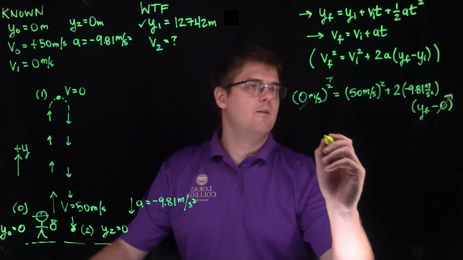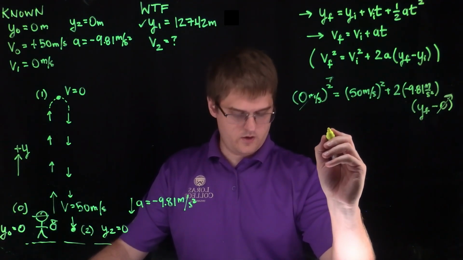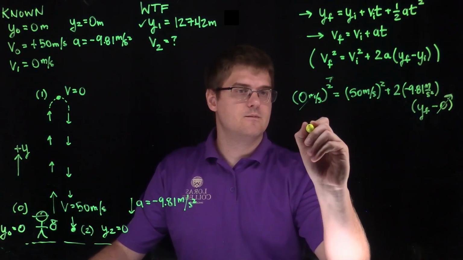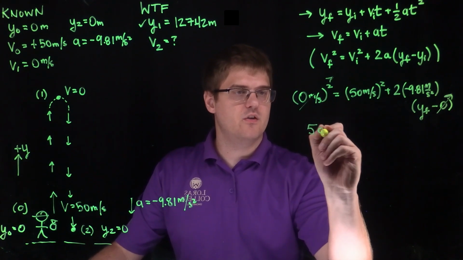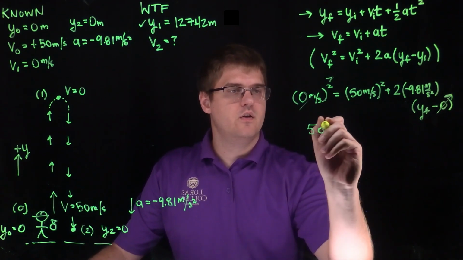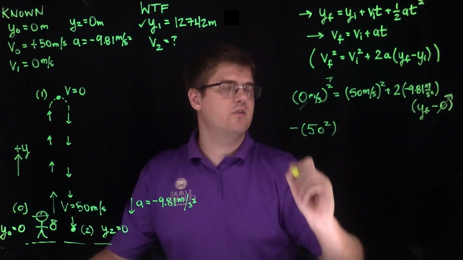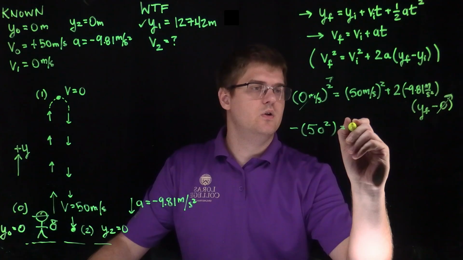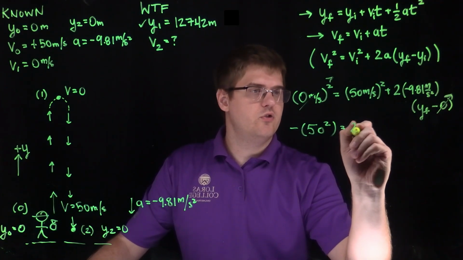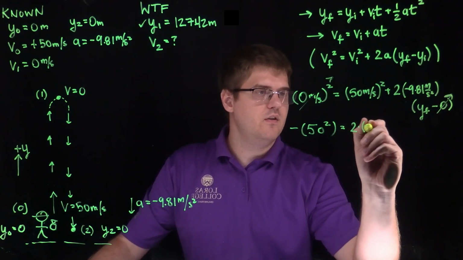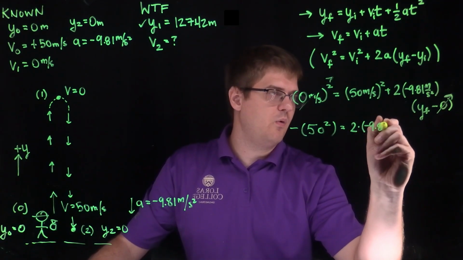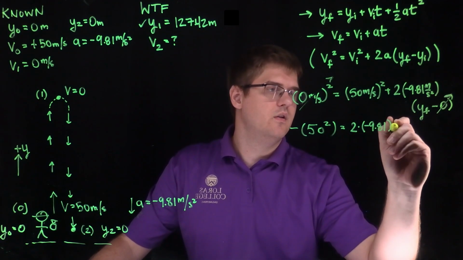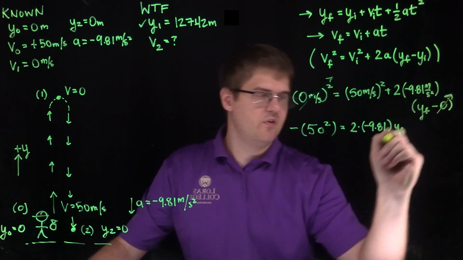I can say that 50 squared, I'm going to move it to the other side, so negative 50 squared, and this is negative because I switched sides with it, is going to be equal to 2 times negative 9.81 times y final.